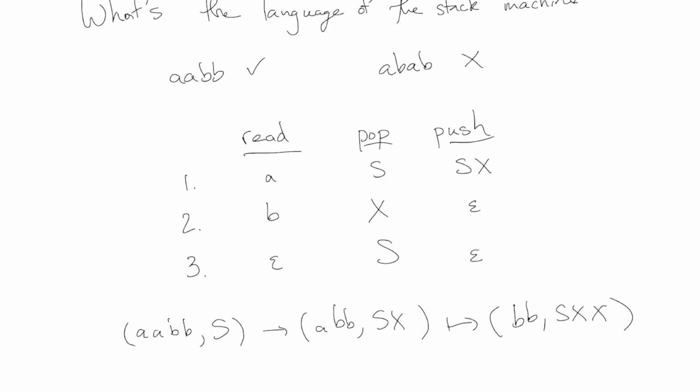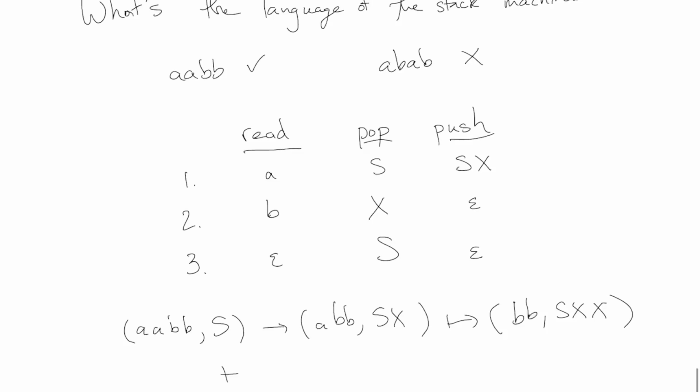So you can read as many A's as you like. That has the effect of growing the stack. And then you do this epsilon move to kill the S. And once you do that, from now on, everything better be B's or else you're going to get stuck, because the only rule that you can do without S anymore is rule number 2.